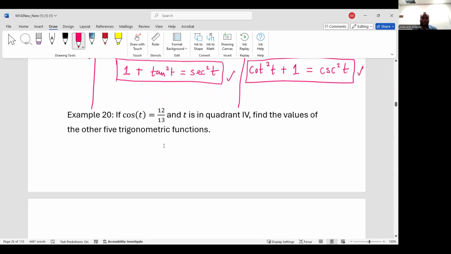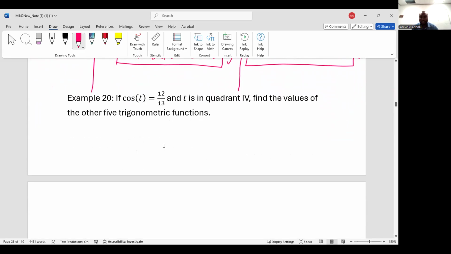How does this help us to solve some problem? Again, let us solve a problem using this approach. If cosine of angle t is 12 over 13 and t is in quadrant 4, find the values of the other 5 trig functions.